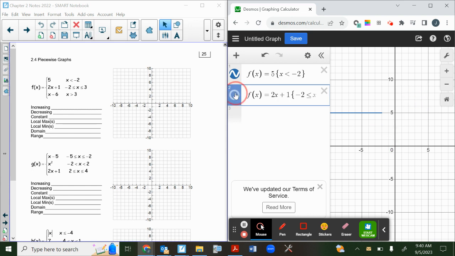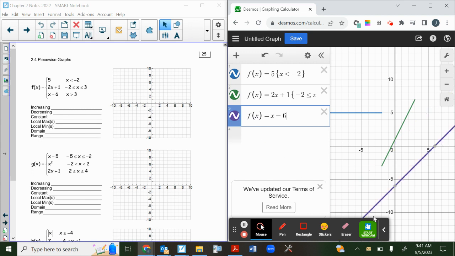Then our last section, same idea: x minus 6. That would be a line again, where the y-intercept is -6 and the slope is 1, but this time I just want the piece that is greater than 3.